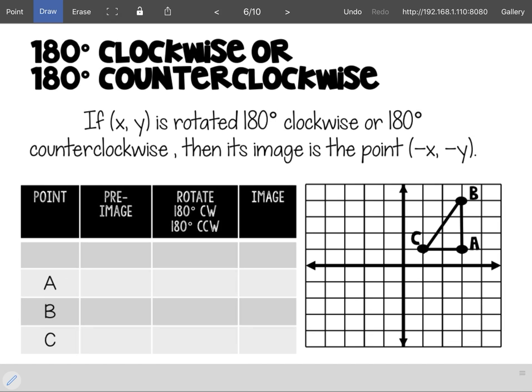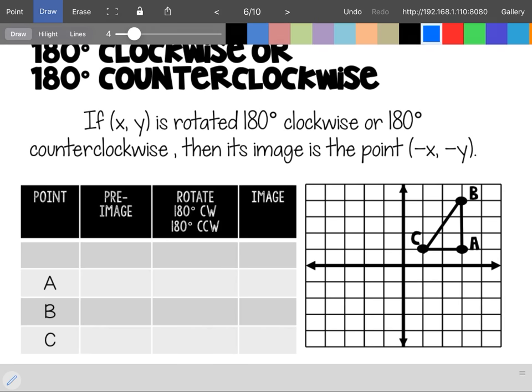So again, we need to write down the original coordinates for the pre-image. A again was 3 right, 1 up. And then B was 3 right, 4 up. And then C was 1 right, 1 up.